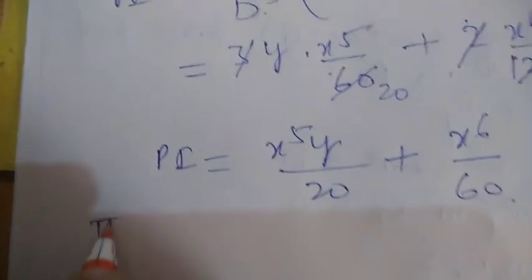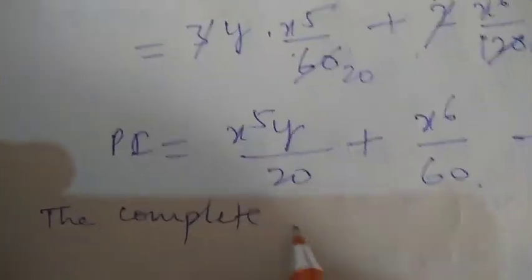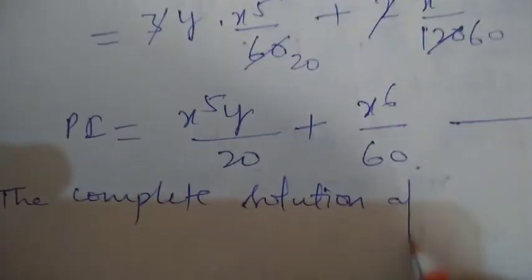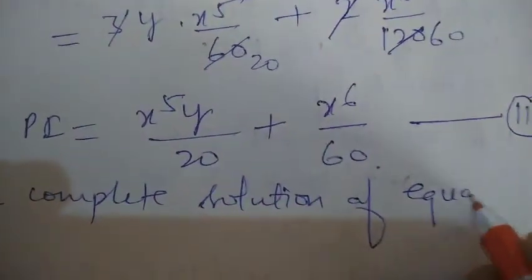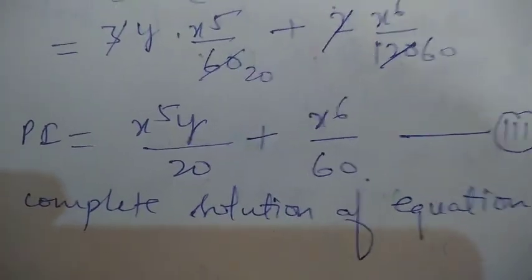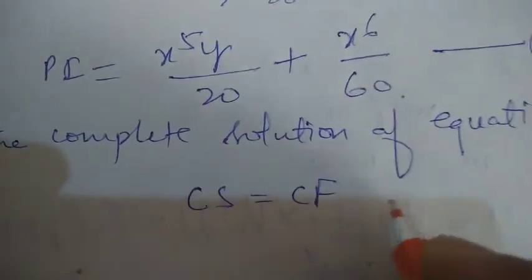Now, as you know, the complete solution of equation 1 is CS equal to CF plus PI.